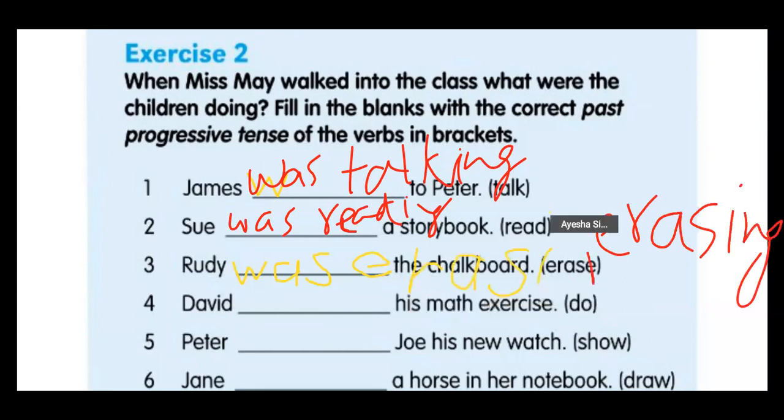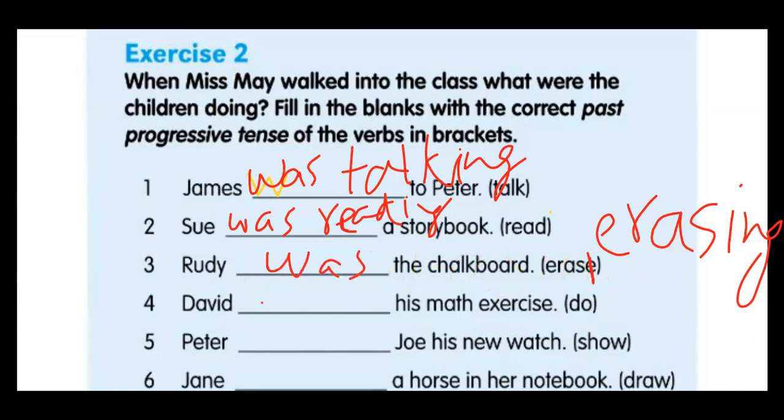We will remove the e. Do you remember the rule? When the verbs end with e, remove the e and then add ing, right? So was will come. Rudy was erasing the chalkboard.